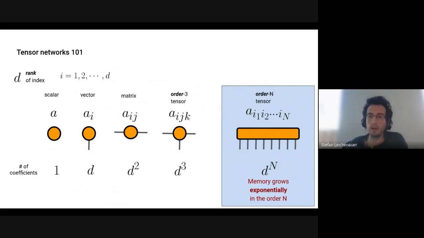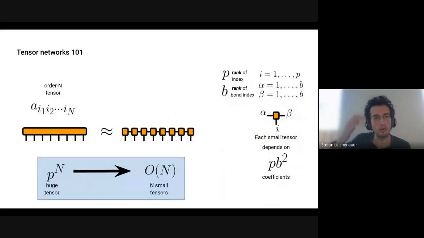And so the amount of memory, if you wanted to store this tensor in a computer, is exponential in the number of legs. And manipulating these things, doing tensor multiplications, would also be exponential in terms of time. It's a bad idea.